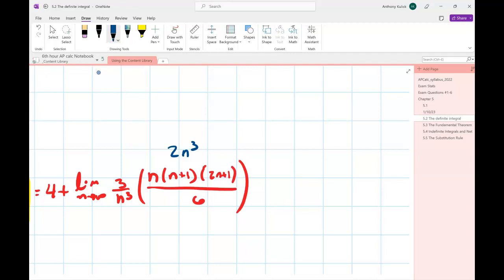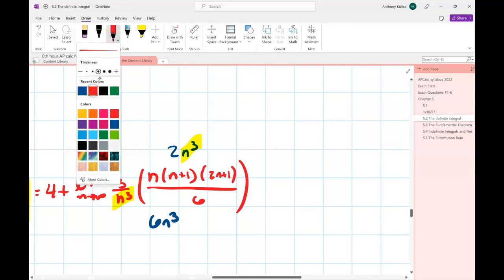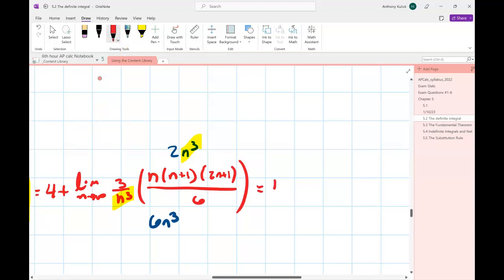And the denominator is 6n cubed. Everybody okay with that? So when I take the limit of that, what am I going to get? I don't care about anything other than those parts.